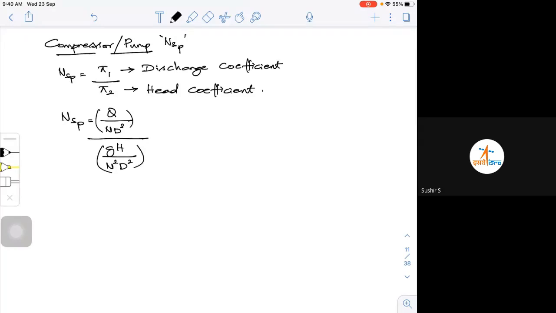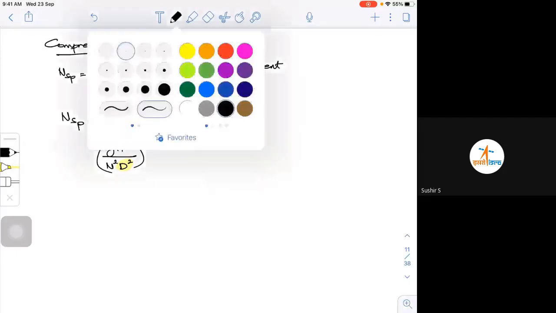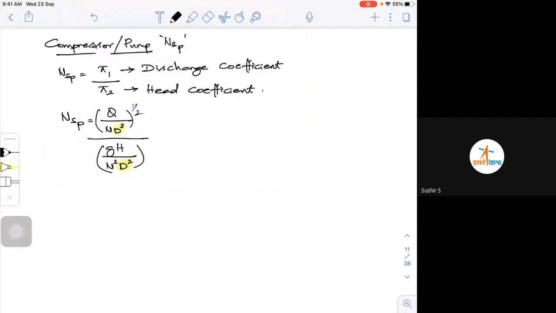Here also I want to eliminate D. To do that, I will raise the first term to the power of 1 upon 2, that is root, and the second term to the power of 3 by 4.